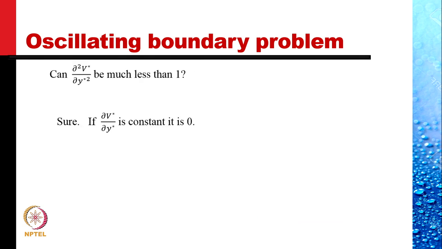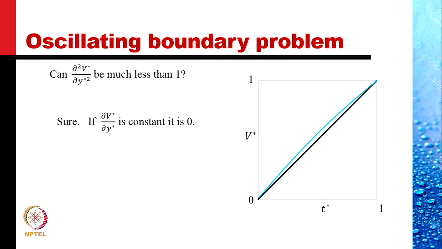Can del star V star by del Y star square be much less than 1? The other possibility, sure: if del V star by del Y star is constant, the second derivative is 0. That is, if the variation of V star by T star is linear, clearly del V star by del Y star is constant and del square V star by del Y star square is 0.